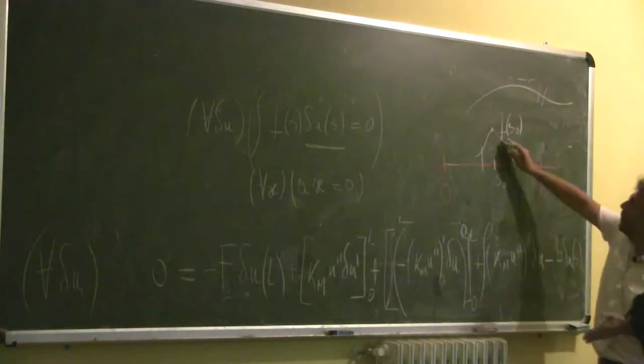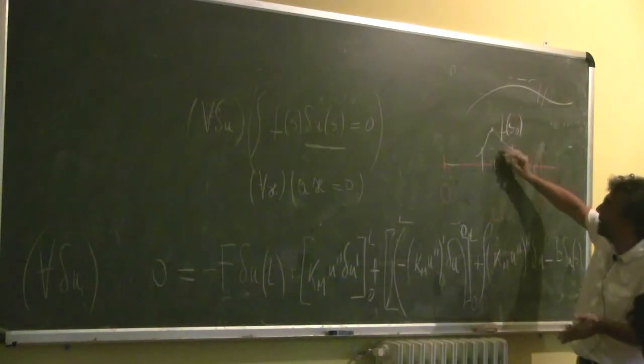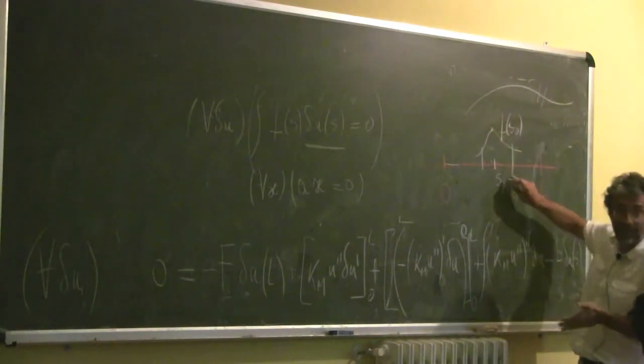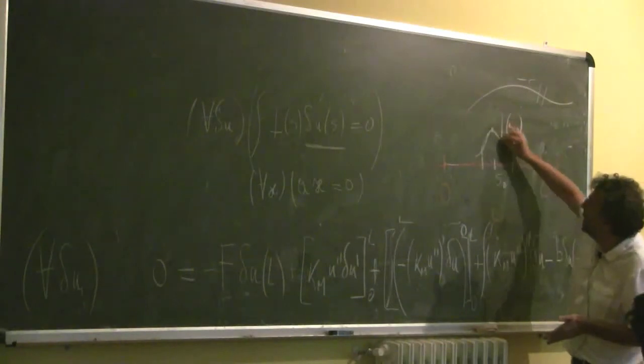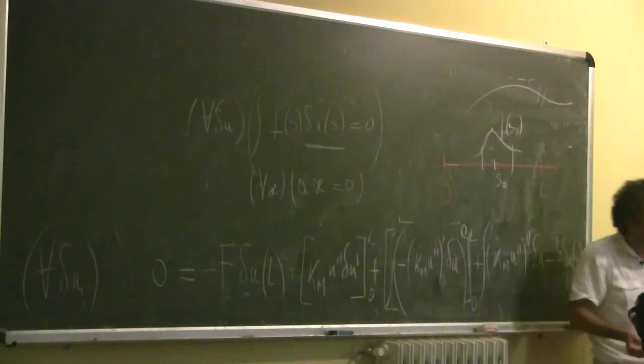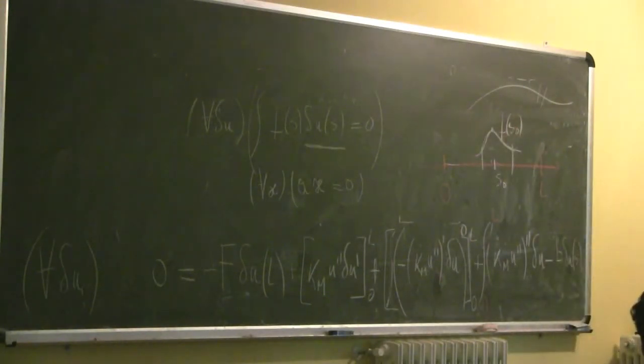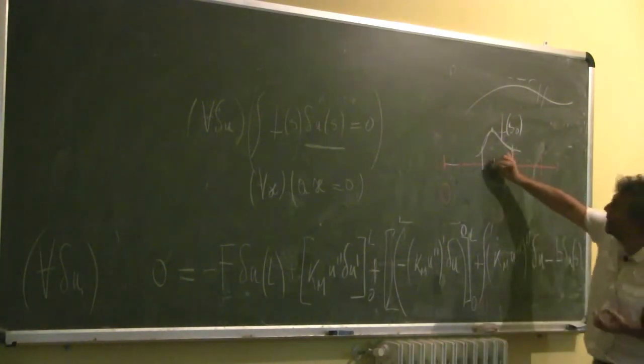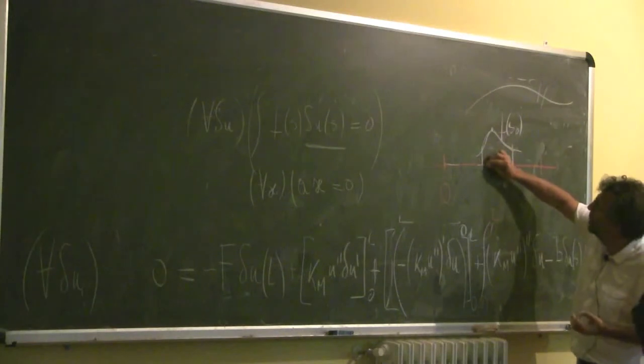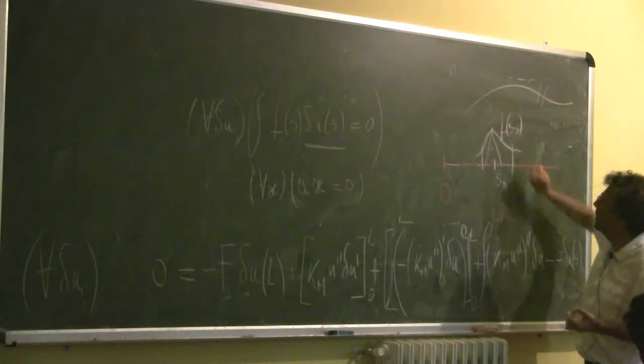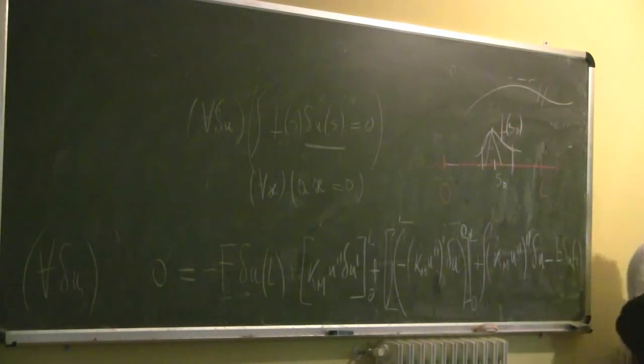So the graph of the function f of s in the neighborhood of s0 is positive like that. Okay? Then I take this function delta u of s.